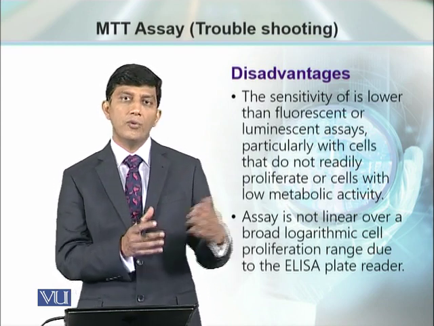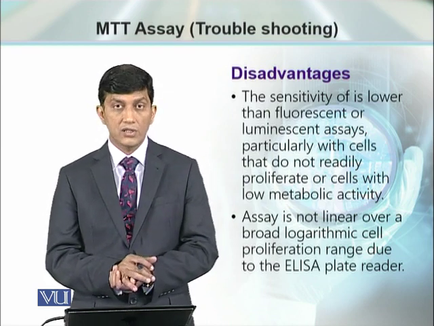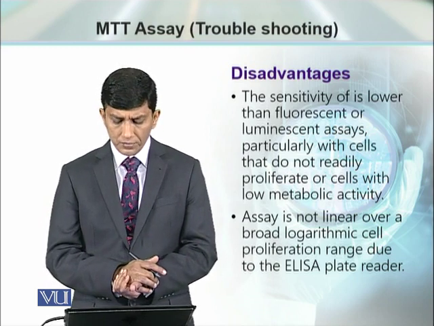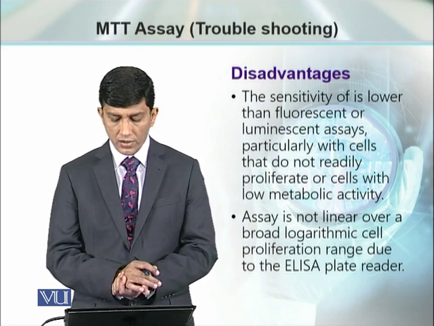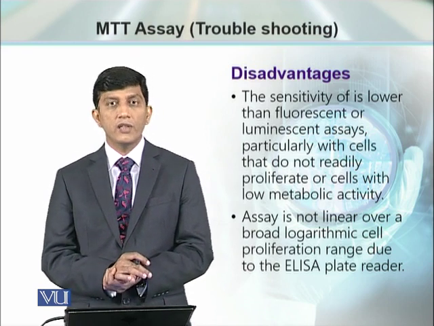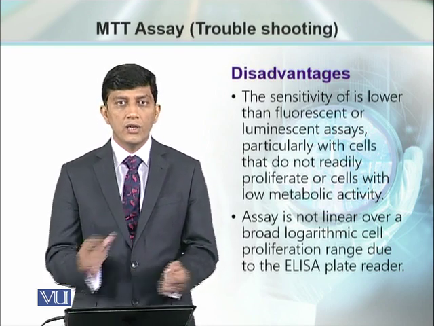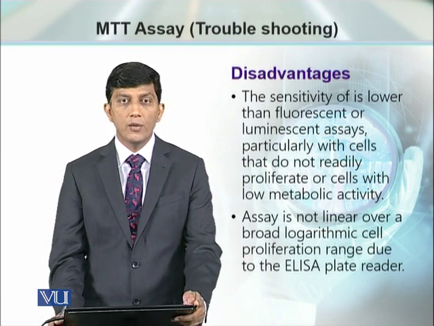If some cells have low metabolic activity, we will not be in a position to have results in a required time span. Then because of the ELISA plate reader, the assay is not linear over a broad logarithm cell proliferation range. That means we cannot go for a longer term assay because of the 96 well plate, the space available for cell proliferation.